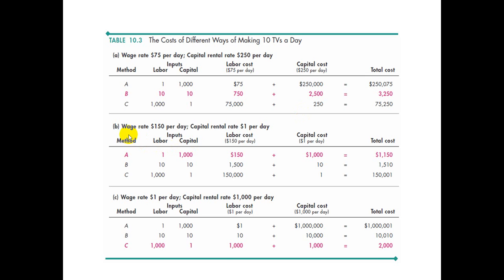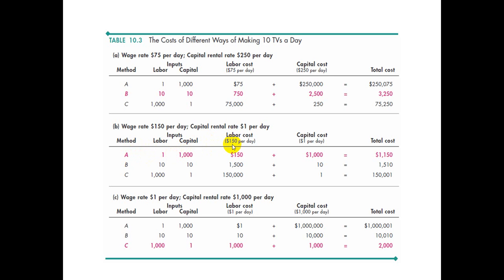Wage rate here is 150 per day, capital rental rate $1 per day. Now we have three methods. Method number A, we will use one labor and 1,000 capital units.